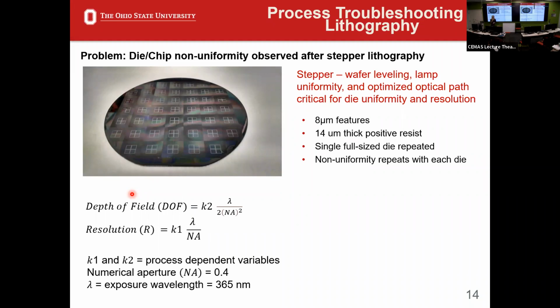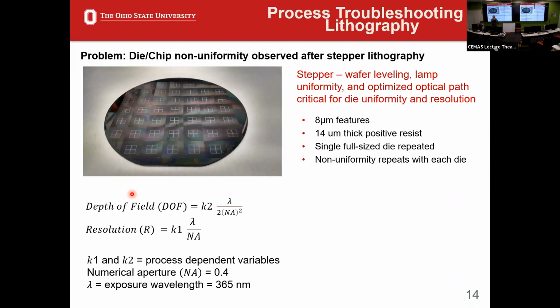Something is wrong with this picture. And when we looked at it, we said, okay, well, what's going on? And we'll talk about exactly how we looked at that in a minute. But one of the things that's important in this case is these are about 8 micron features in a very thick resist. The resist is about 14 microns thick. So trying to resolve something that's smaller than the thickness can be tricky. This was the tool, the stepper tool that actually flashes.